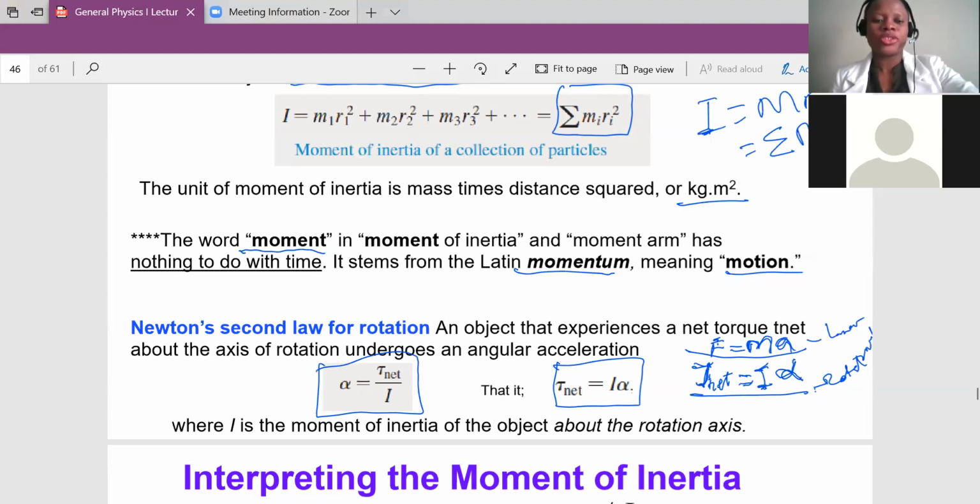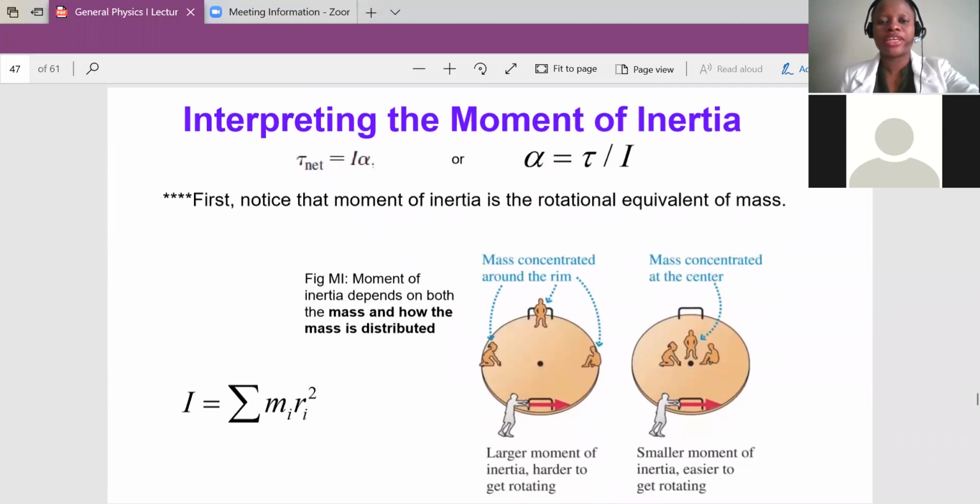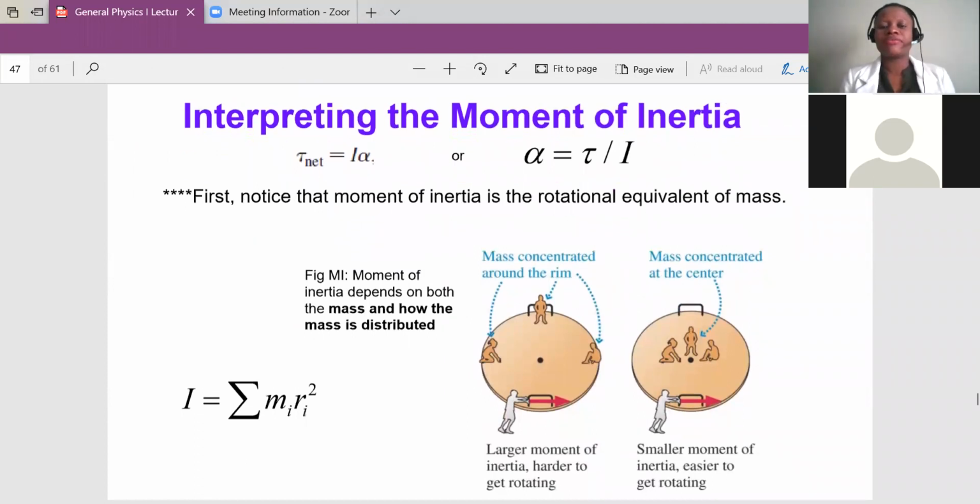All right, so let's see how we interpret the moment of inertia. Whenever you hear the words moment of inertia, we're actually referring to mass in rotational motion. So moment of inertia is the rotational equivalent of mass, just like angular acceleration is the acceleration equivalent and tau is the force equivalent in linear motion.